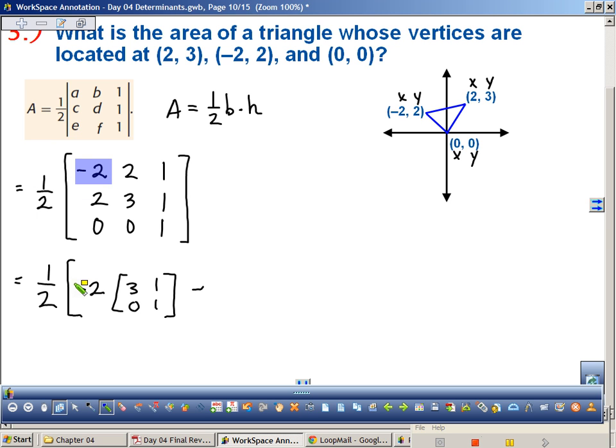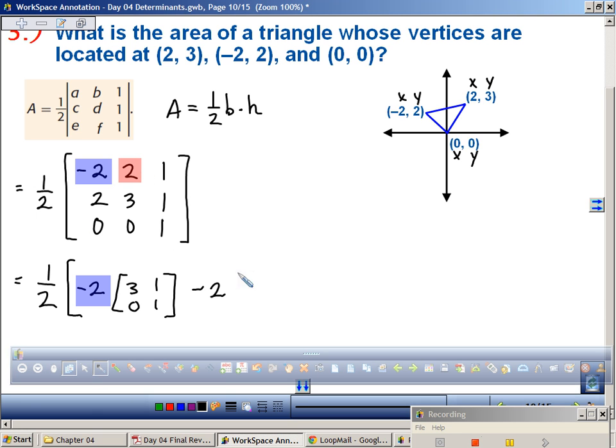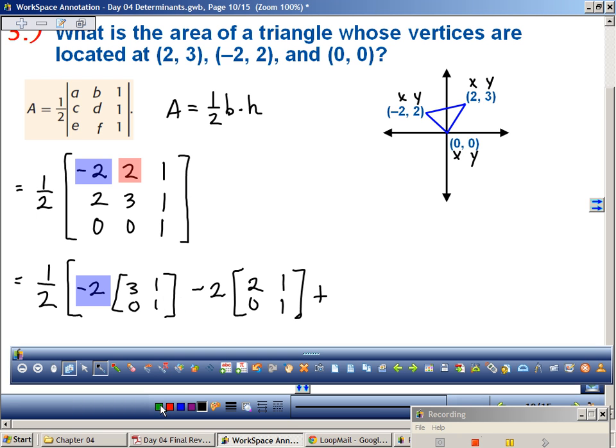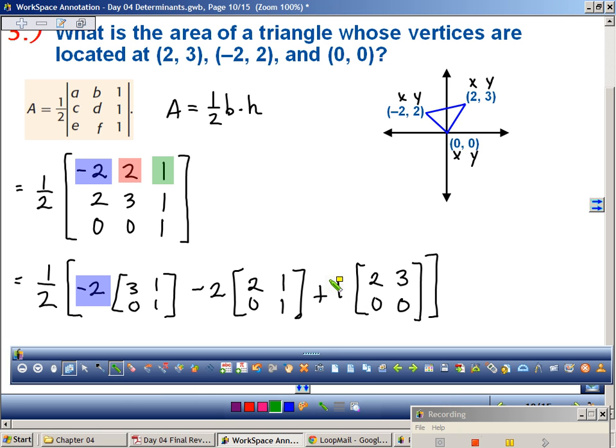So I'll color 2, 0, 1, 1. Plus the last one, which is green, 2, 3, 0, 0. This one's green, and this one's red.